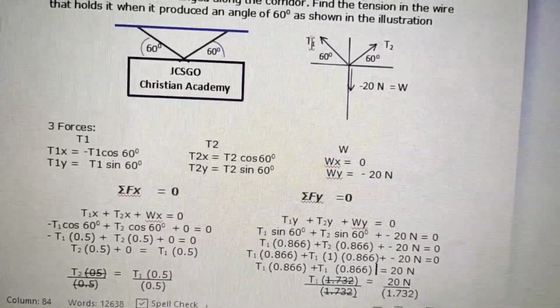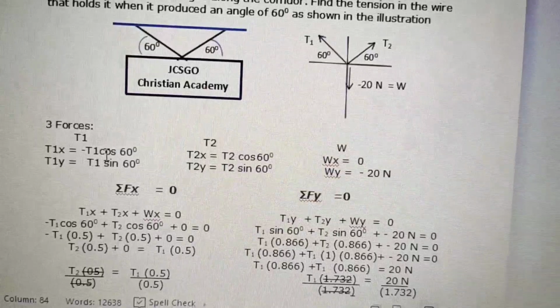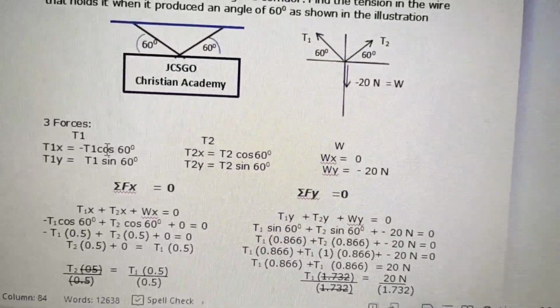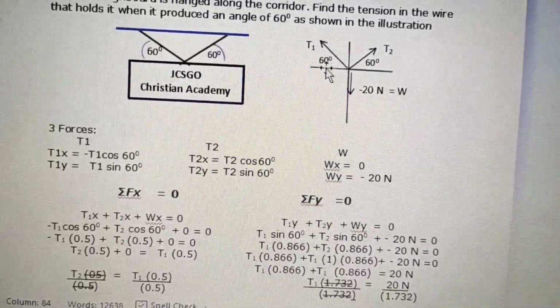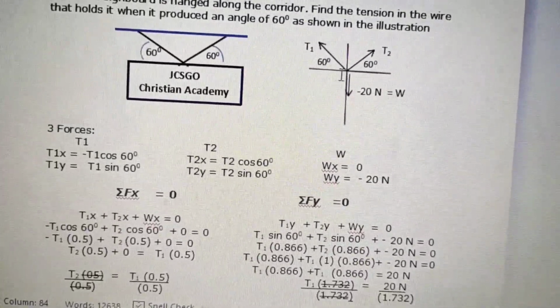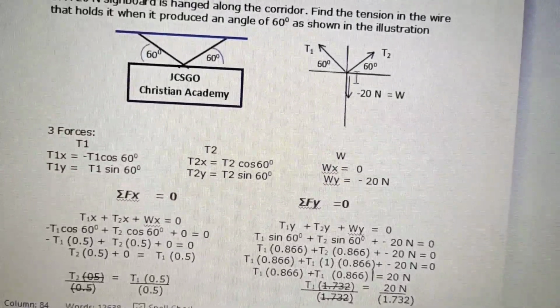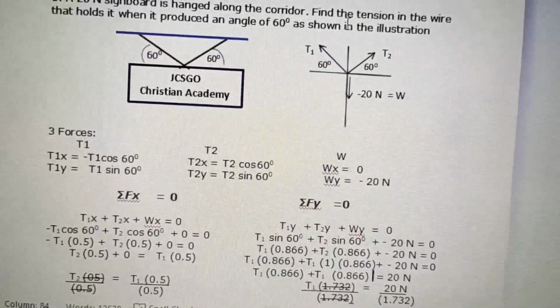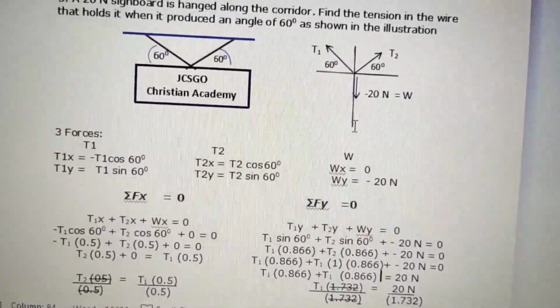The value for T1x here is negative T1 cosine 60 degrees. Why negative? Because anything that goes to the left gets a negative sign, anything that goes to the right gets a positive sign. Anything that goes up gets a positive sign. Anything that goes down gets a negative sign.